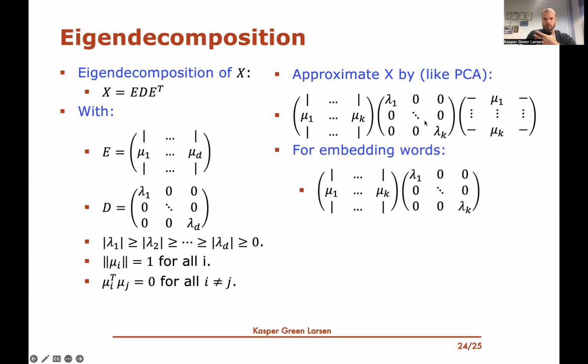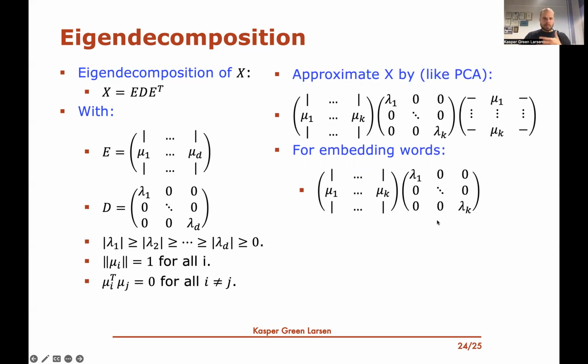Now if I just want to embed my words, I'm going to ignore this last matrix here. In some sense, it's a little bit similar to writing it in the basis corresponding to mu1 to mu k, but we're still keeping some of the eigenvalues.